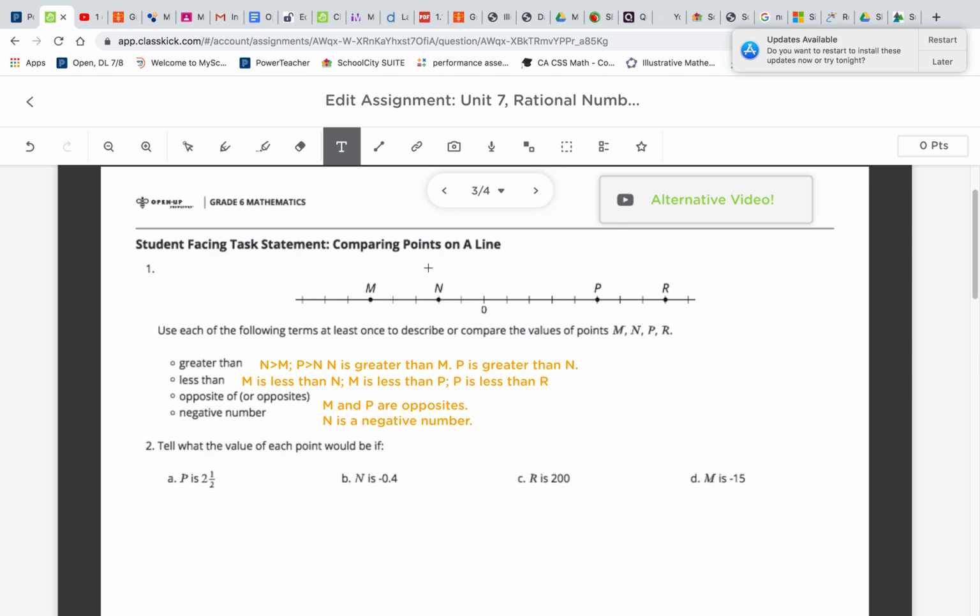Well, if n is negative 0.4, we need to account for how many tick marks there are in between that and our landmark of 0. Well, 1, 2. Okay, so that means this is going to be halfway in between 0 and negative 0.4. I know it can be a little bit tricky, but halfway in between 0 and negative 0.4 is going to be negative 0.2.